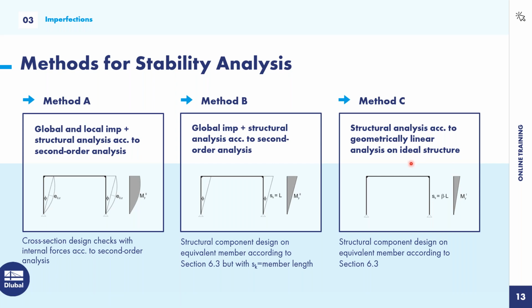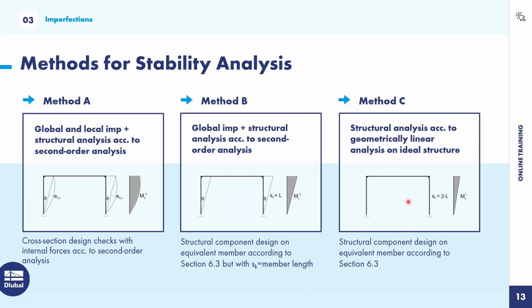This is also the method you learn very often in your study. So we calculate the structure according to a geometrical linear analysis, so first order, on an ideal structure, with ideal internal forces which normally don't appear in reality.